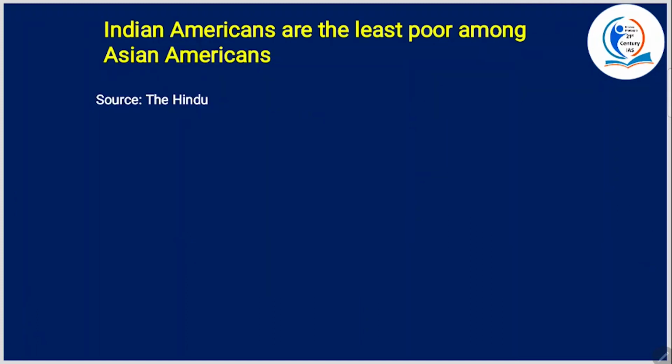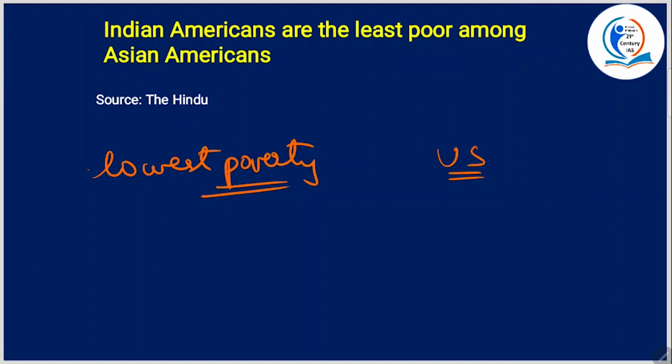All right. Indian Americans are the least poor among Asian Americans. So, what is the context? A recent report by the Pew Research Center has revealed that Indian Americans have the lowest poverty rate among Asian Americans in the United States. All right.